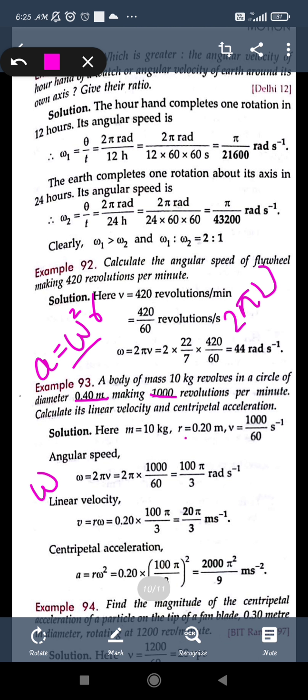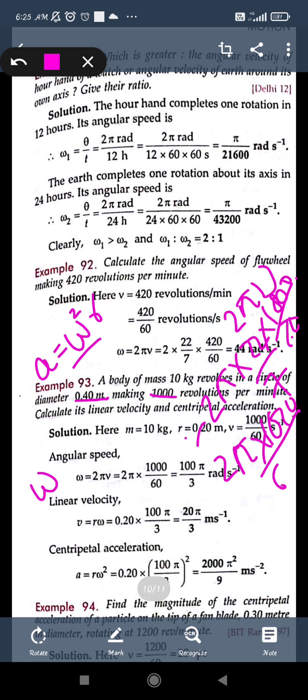It will be 2 into 22 upon 7 into 1000 upon 60.